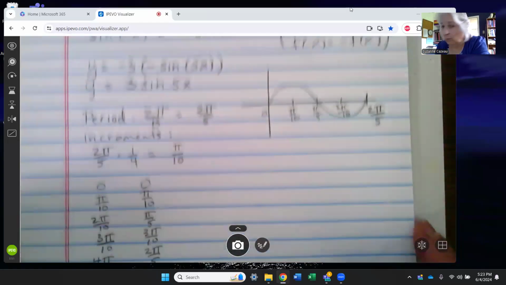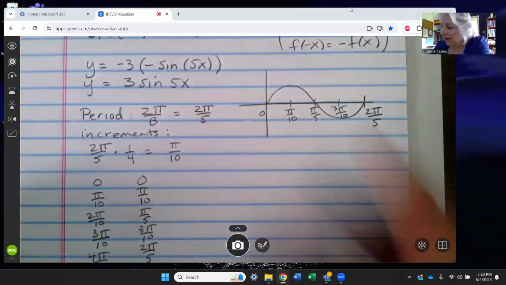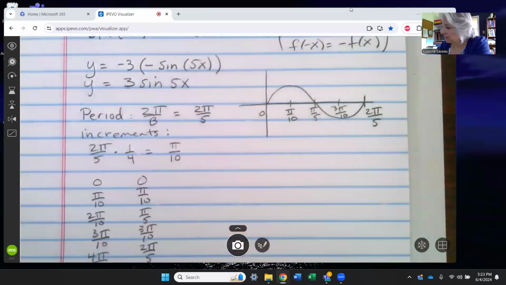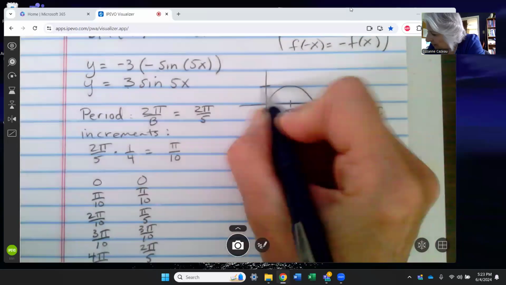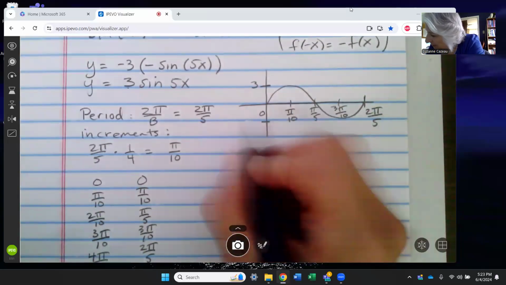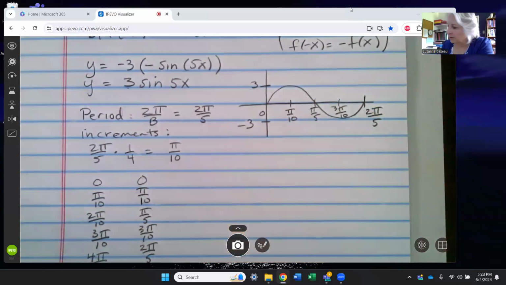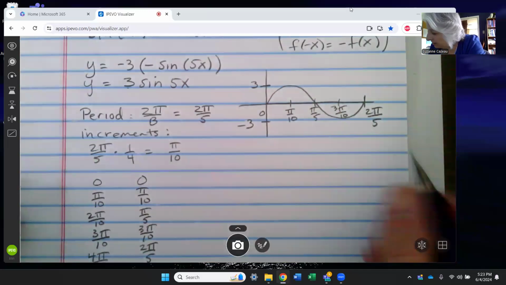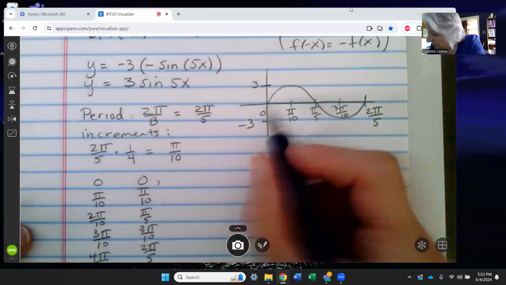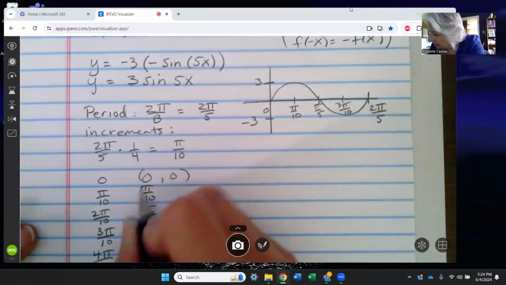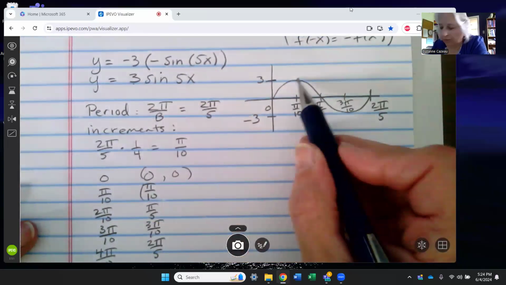Now, if you're looking for your y coordinates, the amplitude is 3. So that means that this is 3 here, and this down here is -3. So that's how you can get all your ordered pairs now. So at 0, you're at 0. At pi over 10, you're at 3.